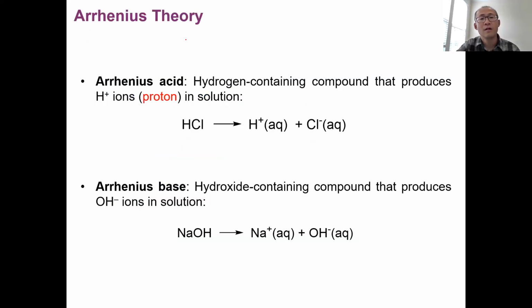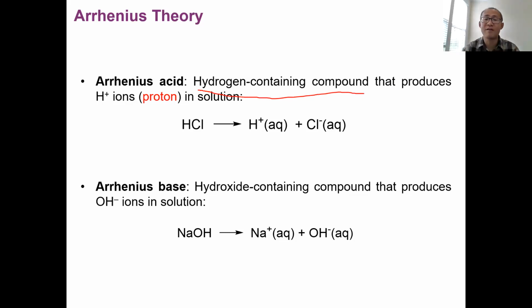Okay, first, there are two acid and base theories, mainly in general chemistry. In organic chemistry we have another theory, but in general chemistry we have two very commonly used acid and base theories. The first theory is called Arrhenius theory. In this theory, an acid is defined as a hydrogen-containing compound. There are a few terms in the definition.